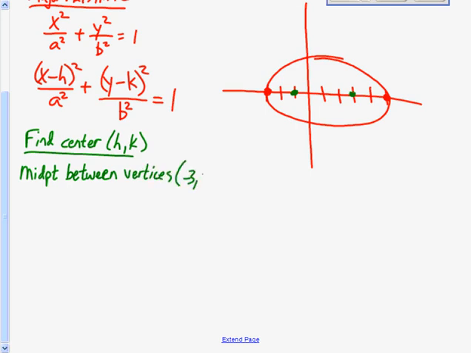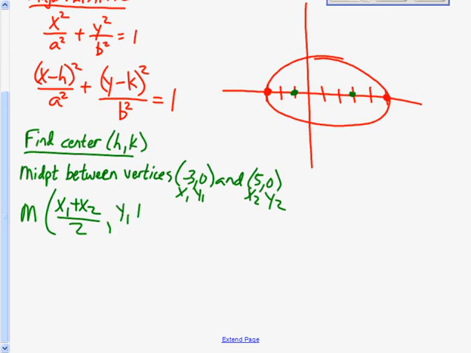Okay, so we've got (-3, 0) and (5, 0). If you remember the midpoint formula, the midpoint is (x1 plus x2 over 2, y1 plus y2 over 2). I know you can just count it off on this one, but make sure that you can also use the midpoint formula, in case it's a different problem, or in case you have vertices that are very far away, a lot of distance between them.